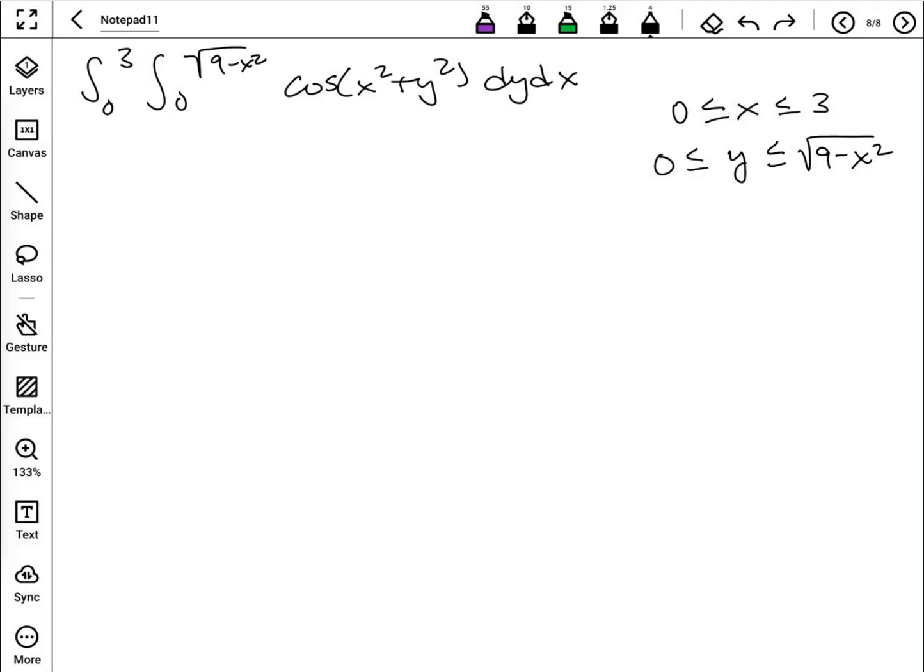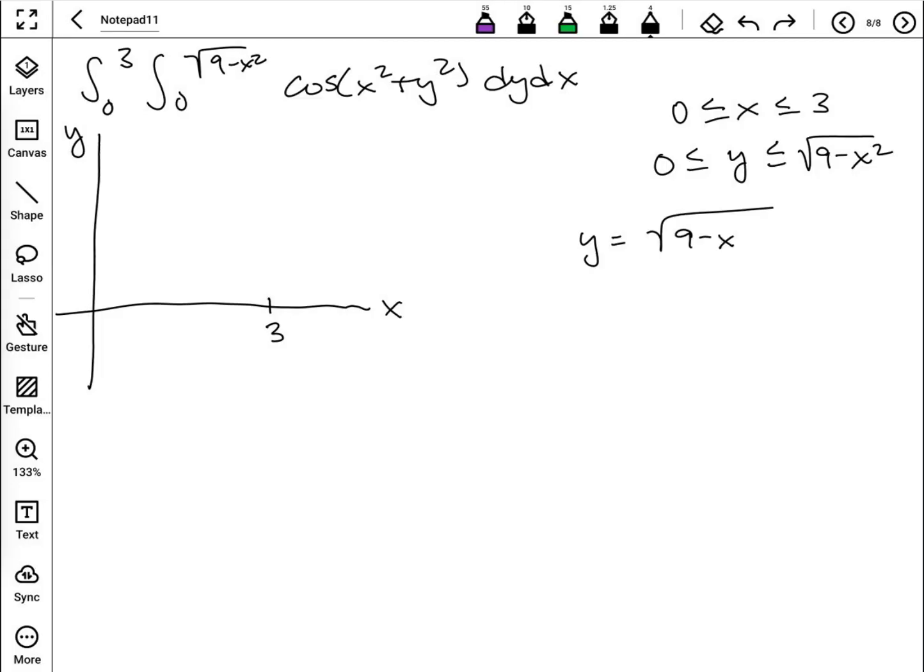So the shape that I'm looking at is bounded in this part of the x, y plane. X can go from 0 to 3, and then my upper bound for y is y equals root 9 minus x squared, or y squared is 9 minus x squared, so x squared plus y squared is 9, which is 3 squared.